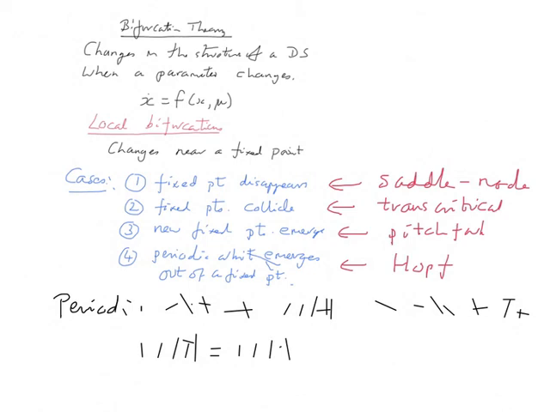In other words, it comes back to itself after a certain time. Now that's a characteristic of a fixed point, but a periodic orbit is something that is not a fixed point, but does have this character of coming back to itself.